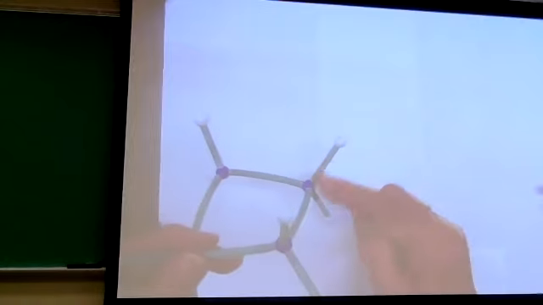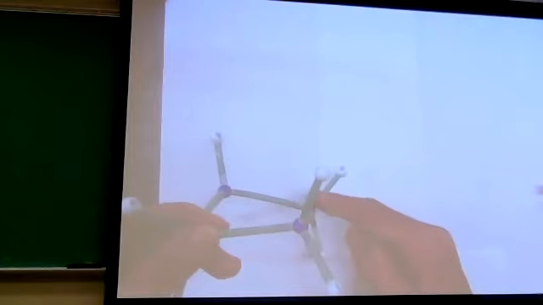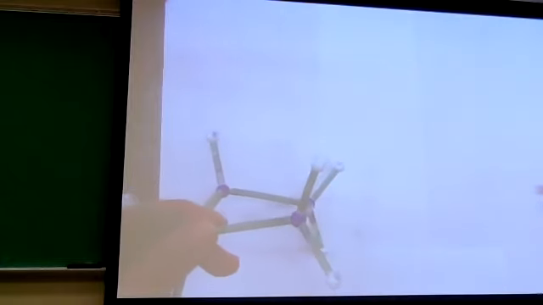So the puckering costs a little bit in energy because the bond angles here are compressed a little bit. They're made a little bit smaller by the puckering, but you get more stability by relieving the eclipsing.